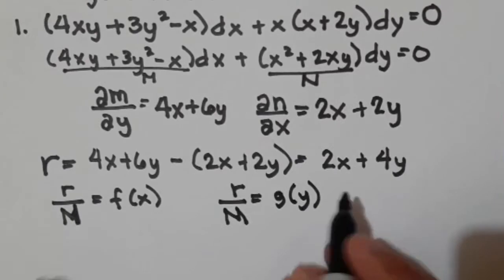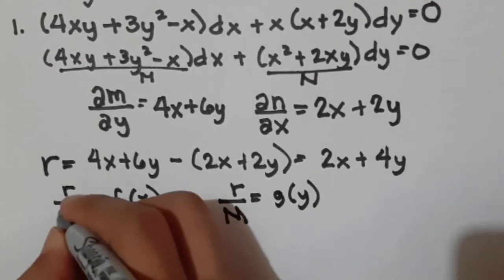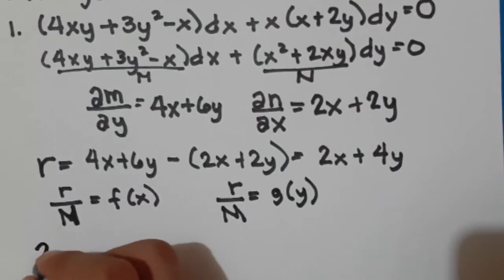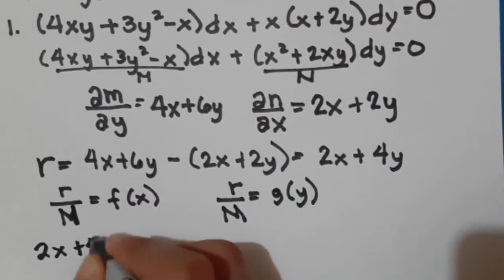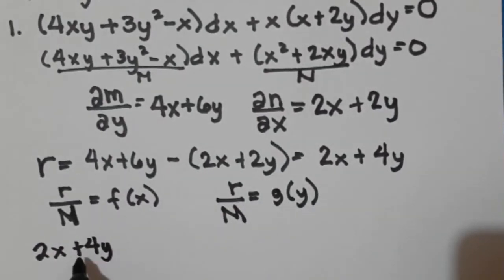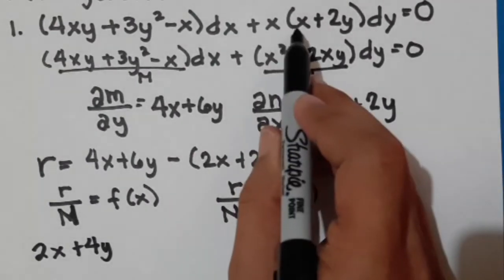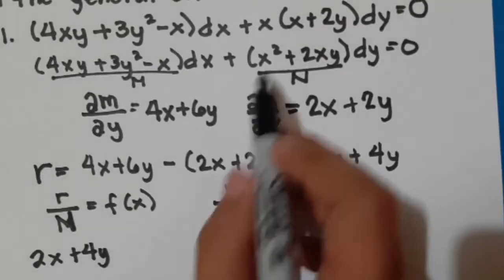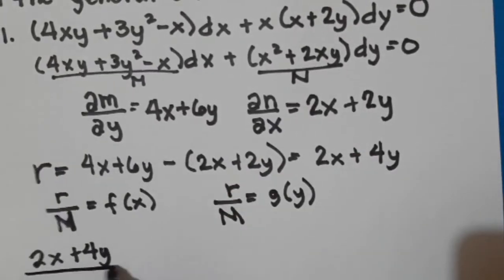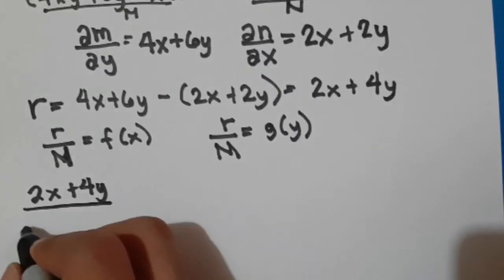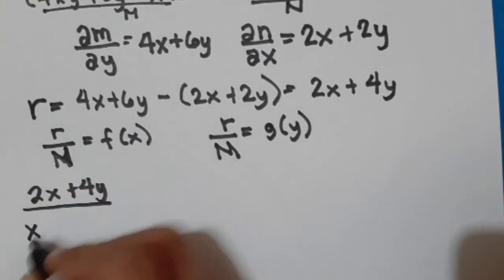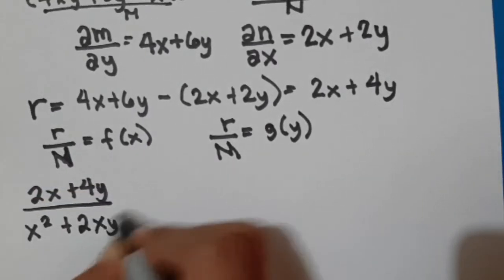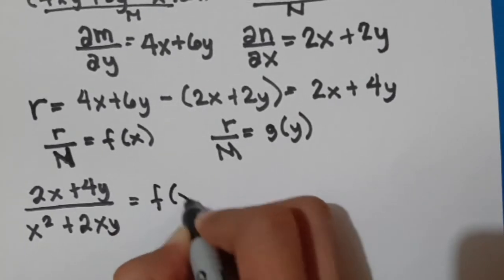If we check N, this is 2x + 4y divided by our N, which is x² + 2xy from the original equation, equivalent to f of x.